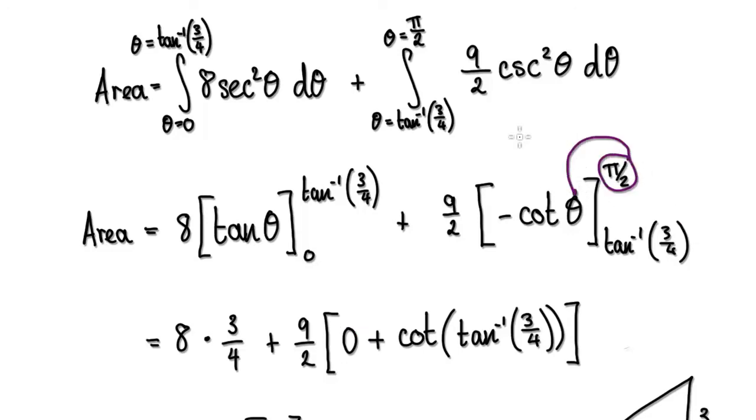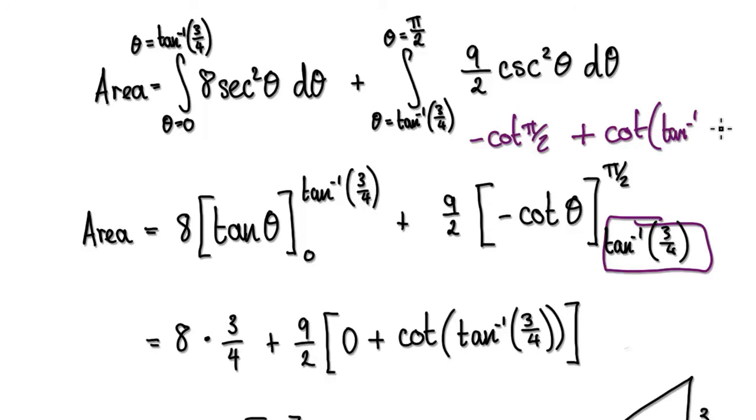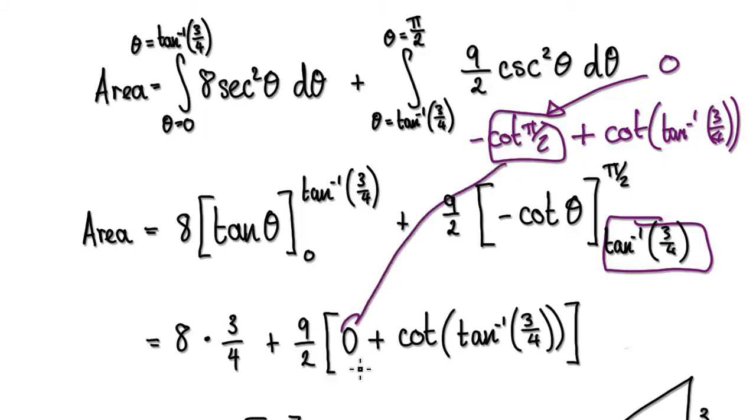Put this into here, that will give you minus cot pi over 2, and then you minus, and you put this into here, so that would be minus a minus, so a positive cot, and then you put this angle in there, so cot of inverse tan 3 over 4. This thing here would be 0. Take my word for it, it's 0. Cot pi over 2 will be 0, and then this thing here is this thing here.